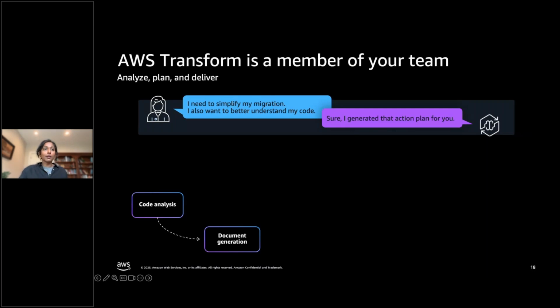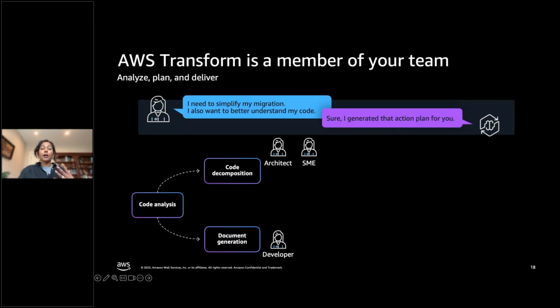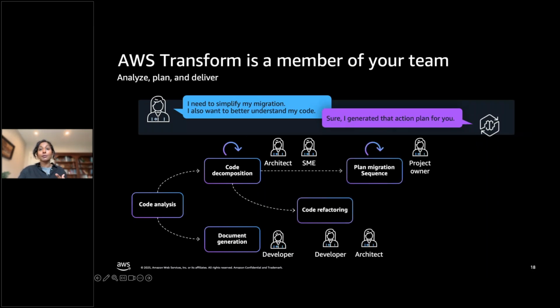Then we talked about code analysis as the starting point, followed by document generation to really help your developers as well as business users understand the context. Then you have your subject matter experts weighing in for the code decomposition and planning aspects. Finally, the next step is automated refactoring and leveraging Reforge in order to restructure the code and ensure that the architecture maps your modernized application needs.